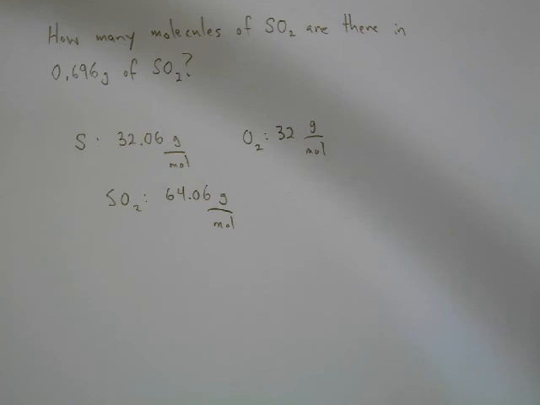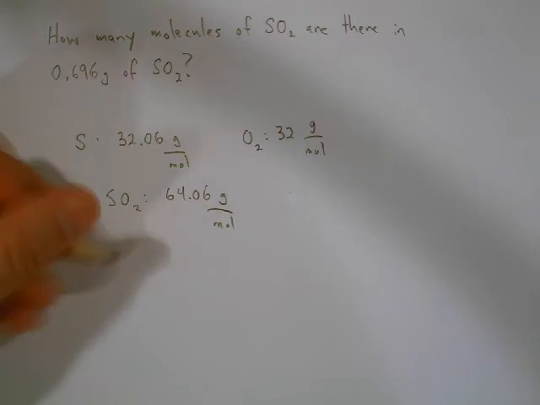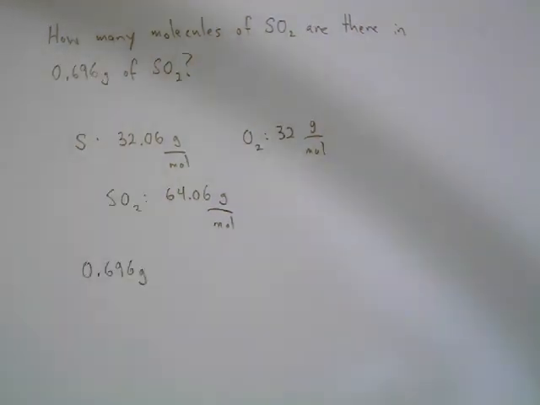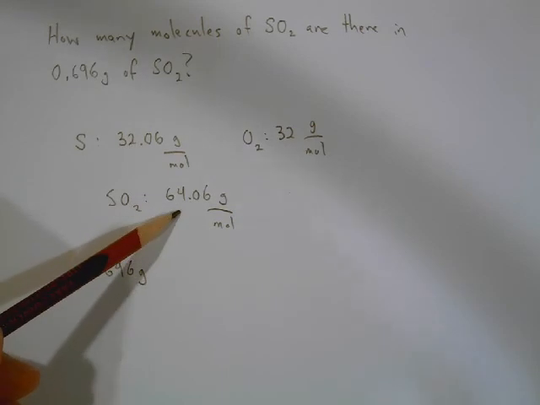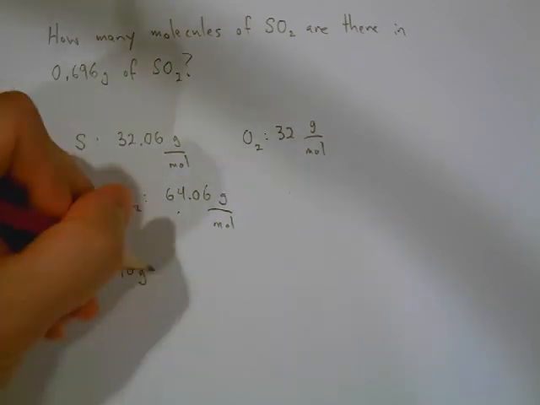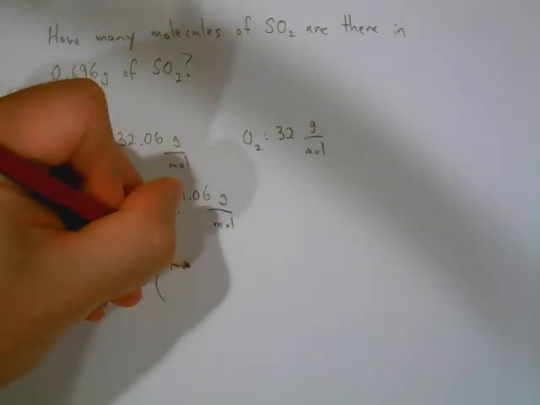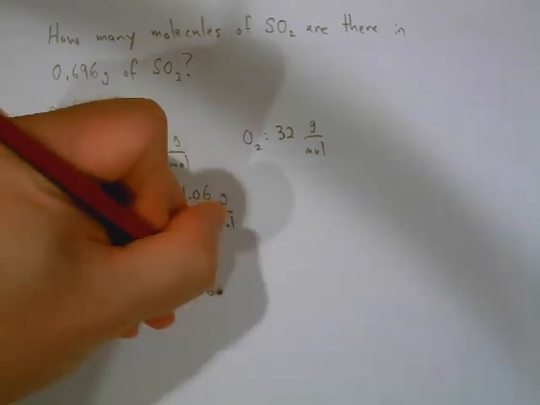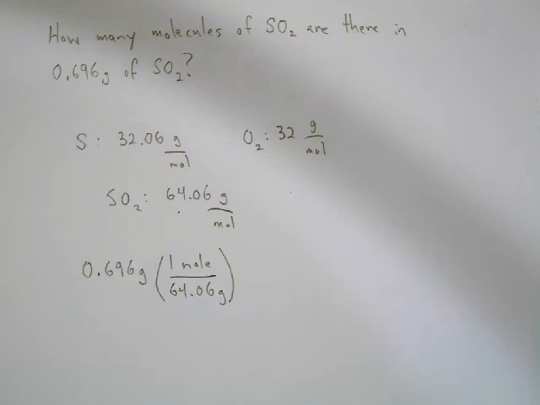So here's the easy way to do these problems: write it out. Don't try to do it all in your head, or you're going to make mistakes. I'm starting with these grams, and my end goal is molecules. So I need to multiply by something to get to molecules. I want my grams to go away, so I have 1 mole over 64.06 grams.